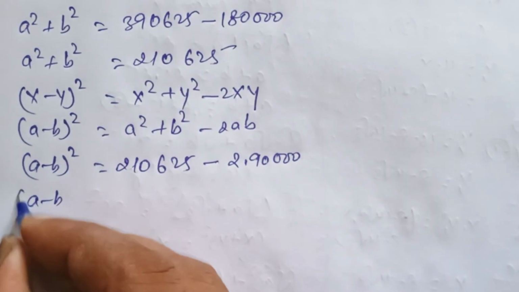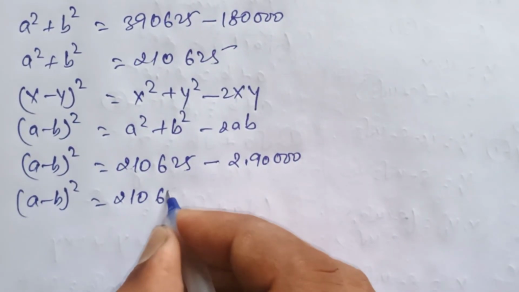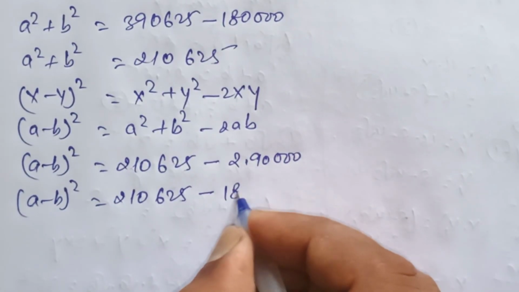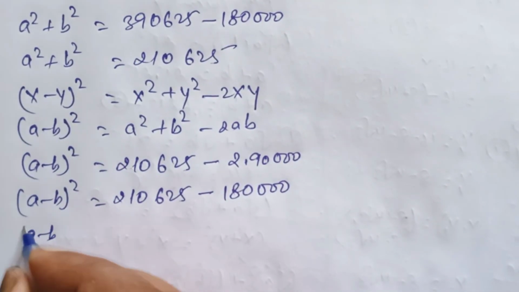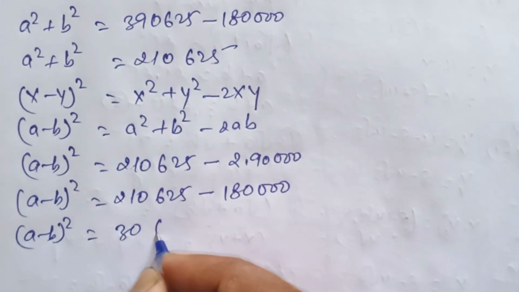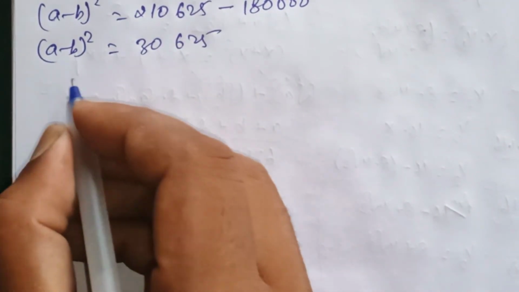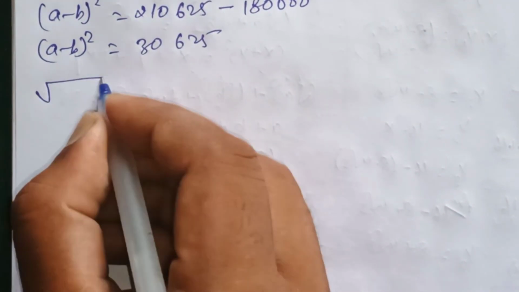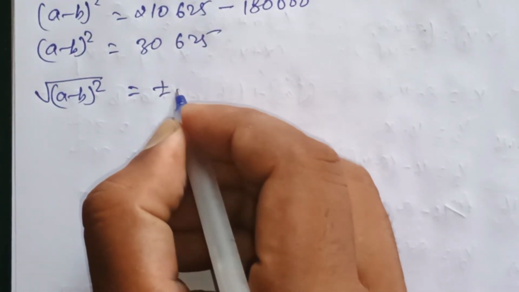So a minus b whole square is equal to 210,625 minus 180,000, which is 30,625.